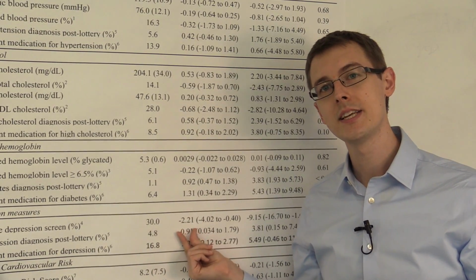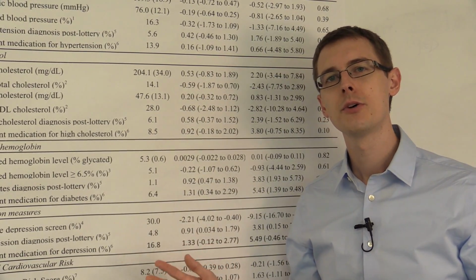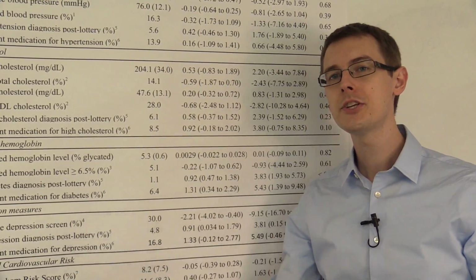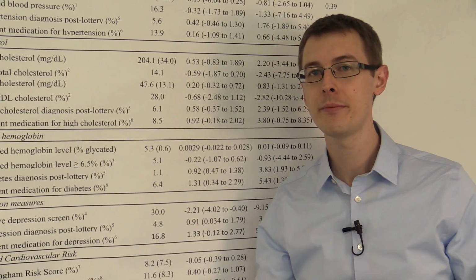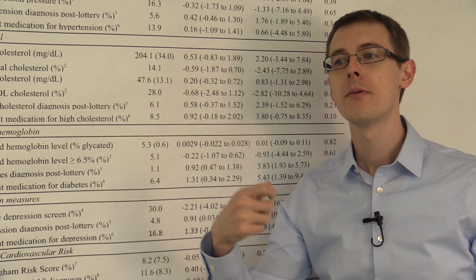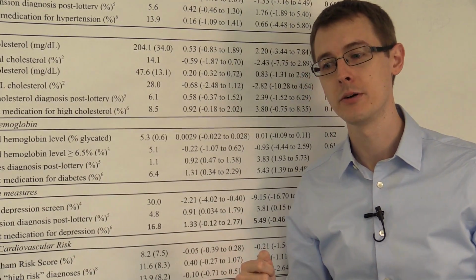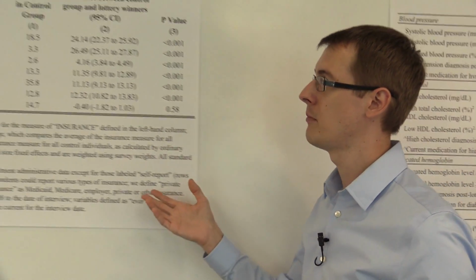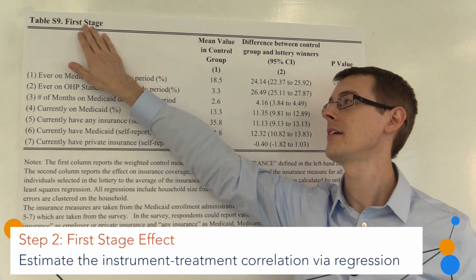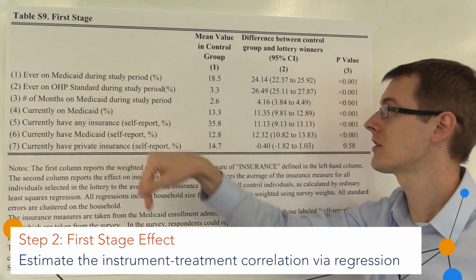Then, in the second step, we look at the relationship between the instrument and the treatment. So whether you actually got treatment or not, and how does that compare to your outcome variable? That's called the first stage estimator. And that's shown in this table over here, table S9, the first stage. So this is our second step.